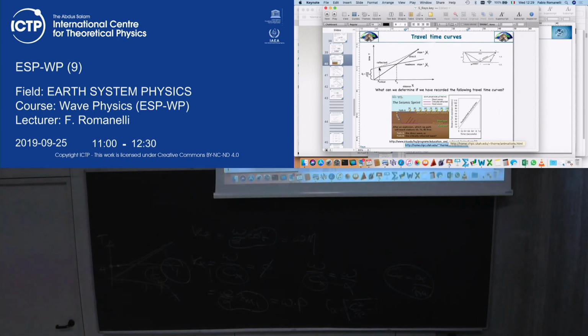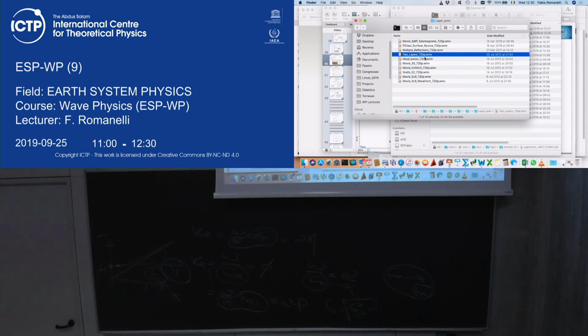And the slope will be 1 over the velocity of the half space. Then there is this point here at which the direct and the critically refracted will arrive together. But from that time on, this will be the first arrival.